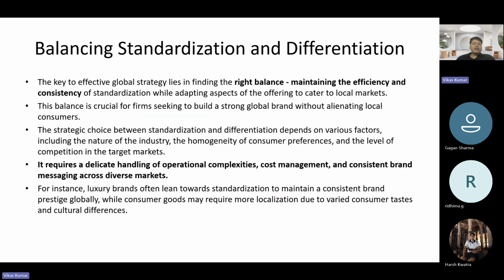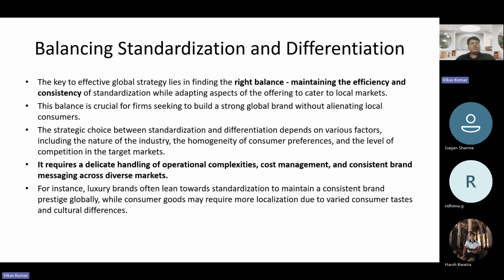Now, as we have discussed with respect to standardization and differentiation, not in all cases is standardization acceptable. There are some limitations associated with standardization. Differentiation is also not 100% foolproof. There are some challenges with differentiation.